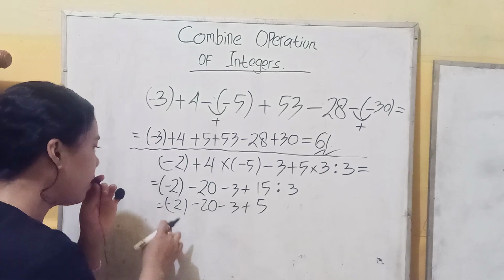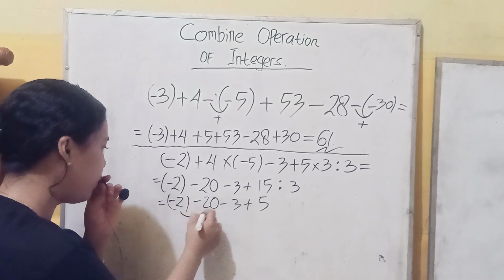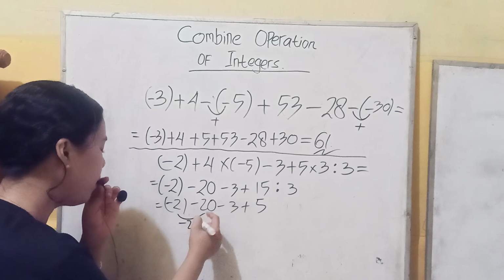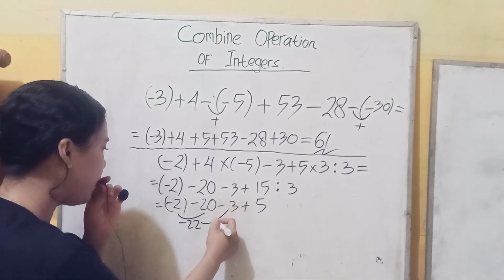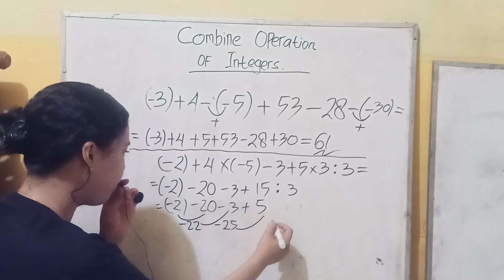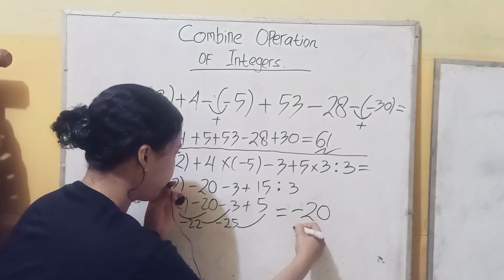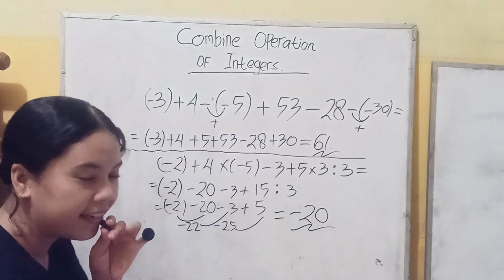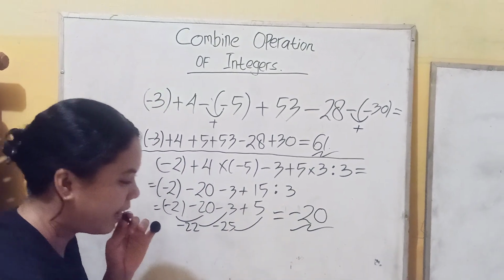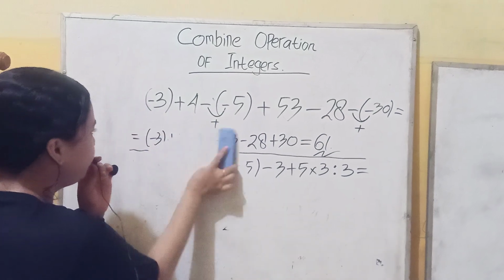Okay, so -2 minus 20 is -22. So here is -22. -22 minus 3 is -25. Then -25 plus 5, so later on we will get -20. Okay, understand? Okay, so next we will move on to the fractions.